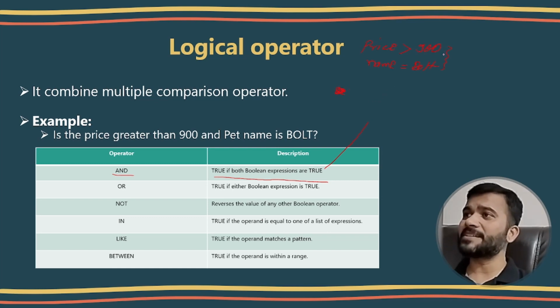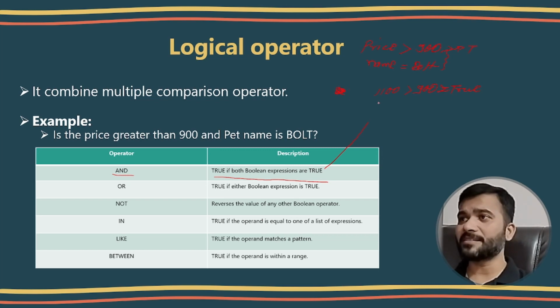Let's say in your table, one of the data has a price of 1100. So first is true, right? Is 1100 greater than 900? Then your computer will return true. And then again you will ask, is the name Bolt?